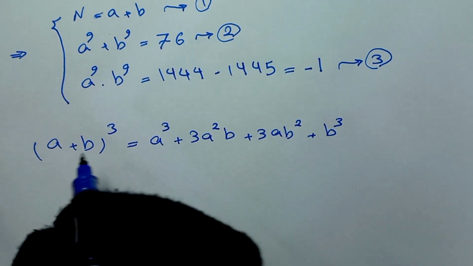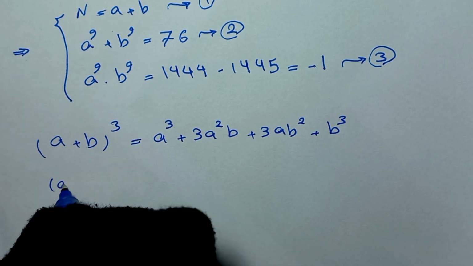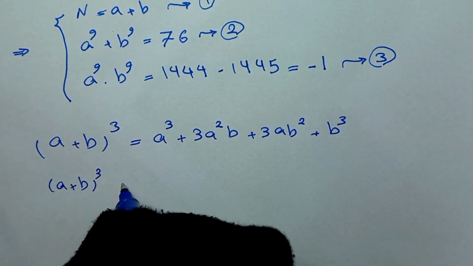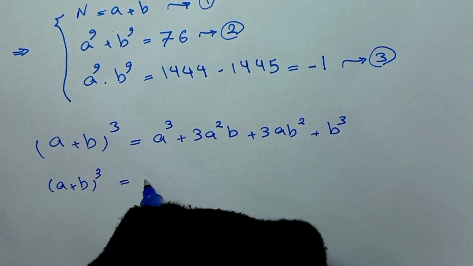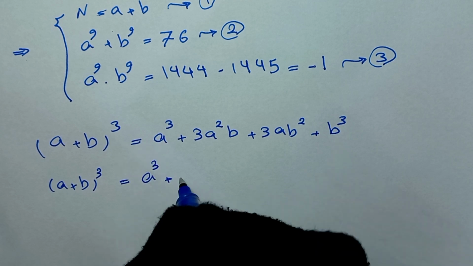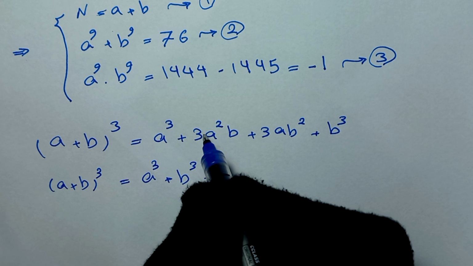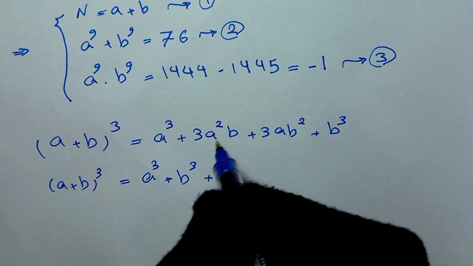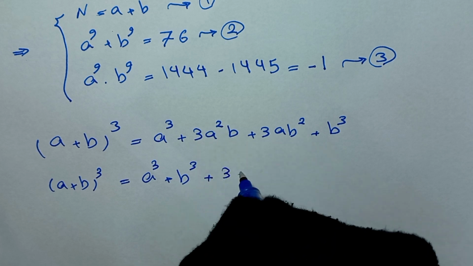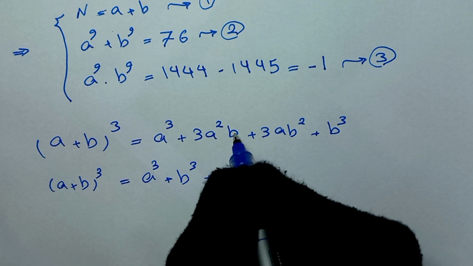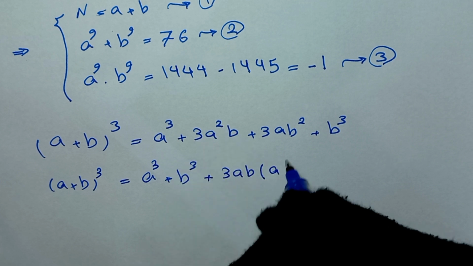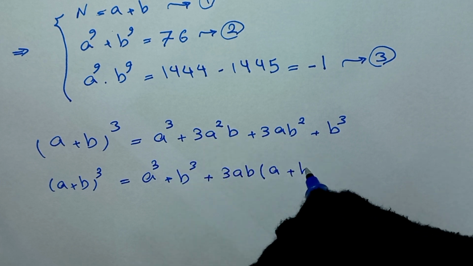And here it will be a plus b to the power of 3 is equal to a cube plus b cube, and plus, in here, for these two parts, we factor 3ab, and in here, this divided by this, it will be a, and this divided by this, it will be b.